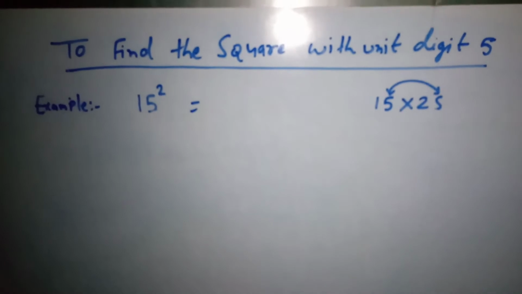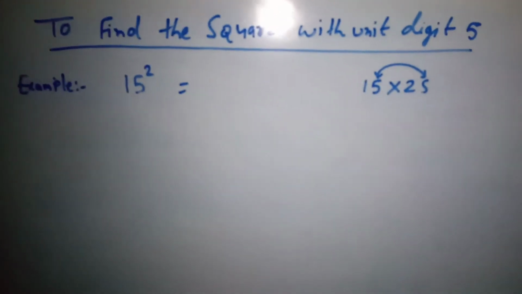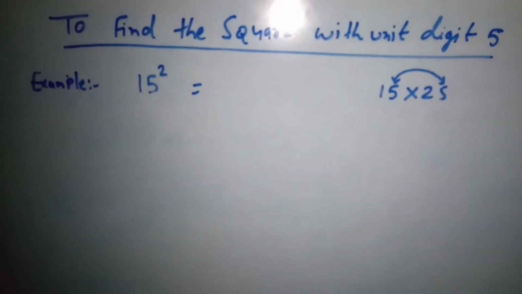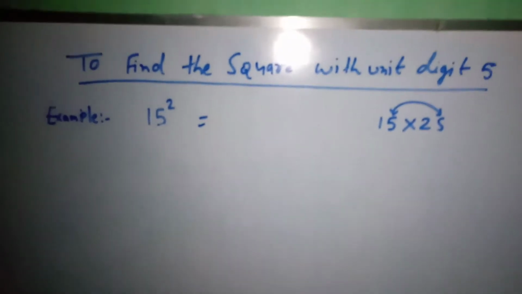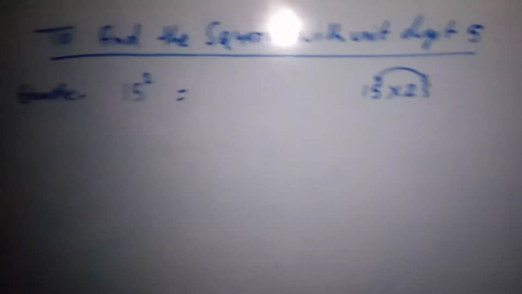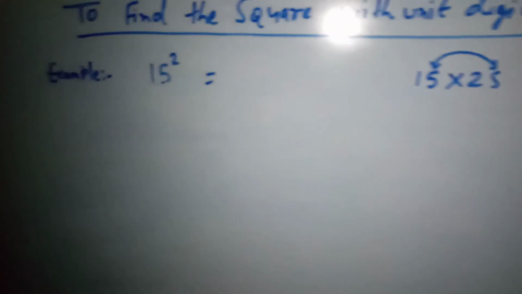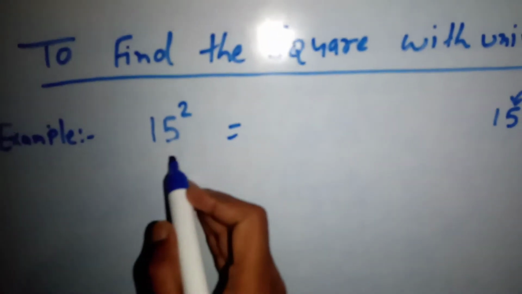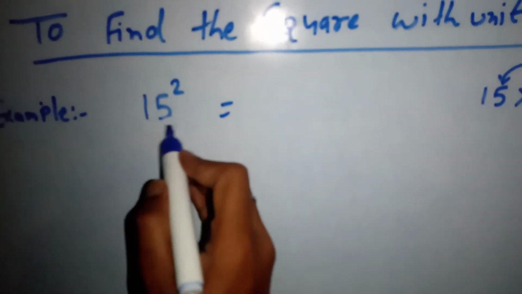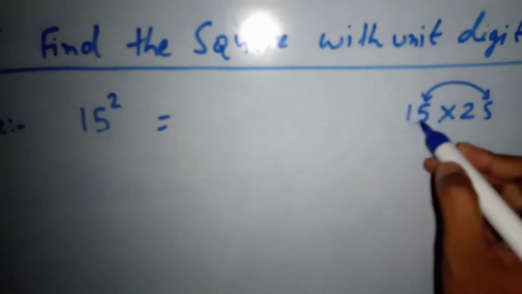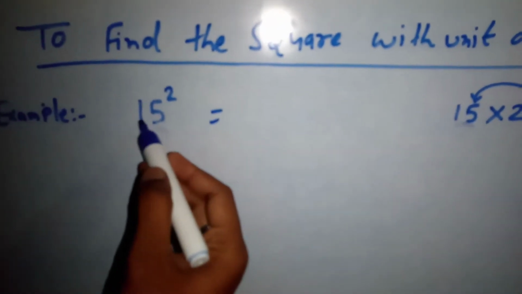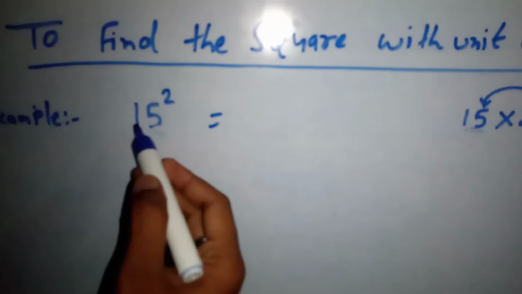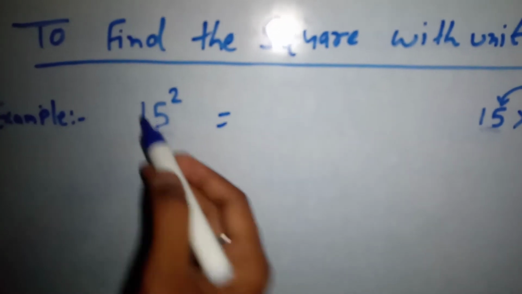Suppose it is given: find the square of 15. Then 15 square equals what? Here we will see what steps we will take. Here the unit digit is 5. After 5 it is only one digit, that is 1. We will take one more, that is 2.